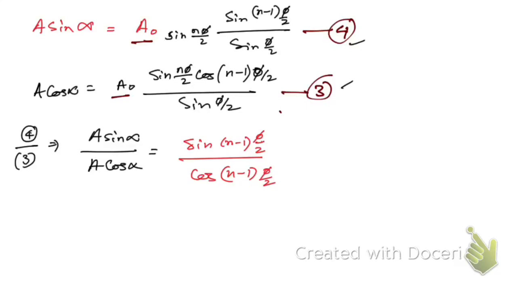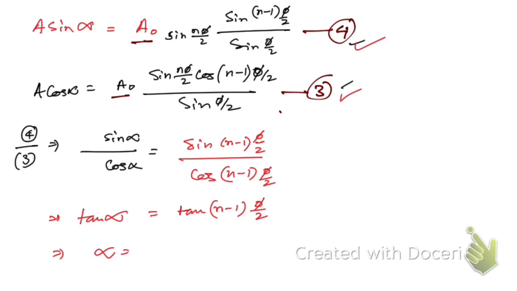So now here you see, dividing equation number 4 and 3, we have got this result, and here A cancels, so we can write this simply sine alpha by cos alpha, that's going to be tan alpha. Here also we're going to have tan n minus 1 into phi by 2. So here alpha is equal to n minus 1 phi by 2.